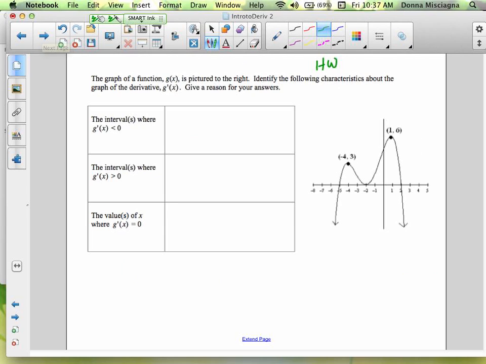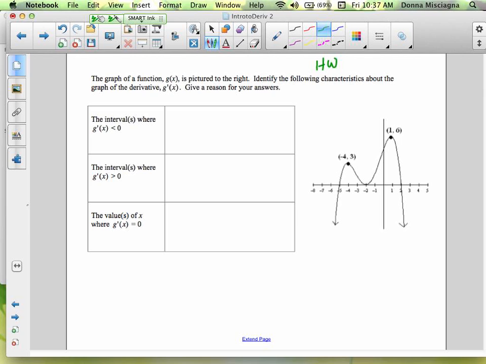All right, so where will g prime of x be negative? Where will g prime of x be positive? And where will g prime of x equal 0? Right? And when you're listing where, just put the x values. That would be fine, because it would be a different y value on the graph of g prime of x, but it'll be the same x value.